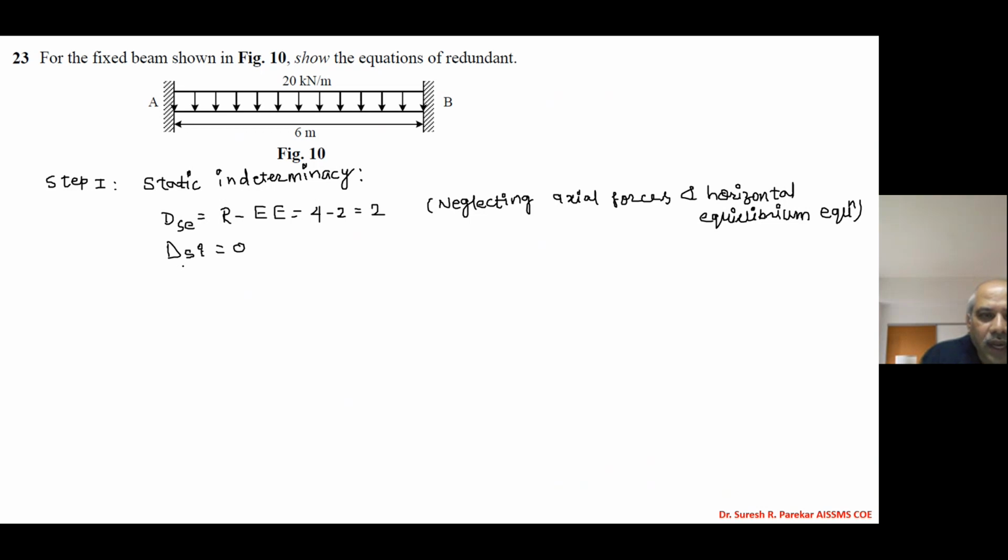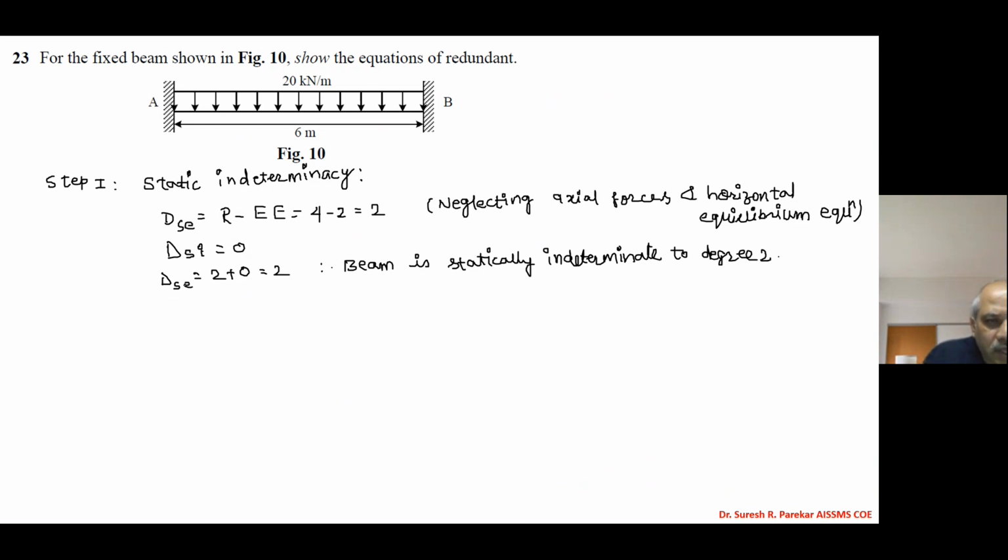DSI we have 0, and therefore DSE we have 2 plus 0, 2, and therefore the beam is statically indeterminate to degree 2. In an exam, you need not go so lengthy. It is sufficient. We have DS that is equal to 2.